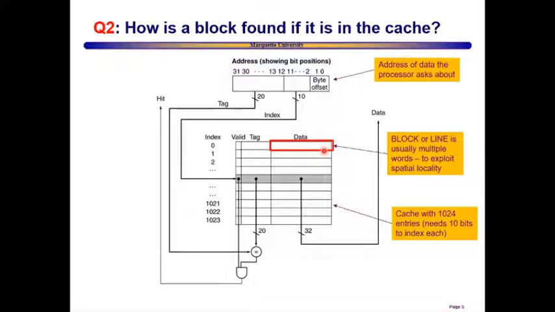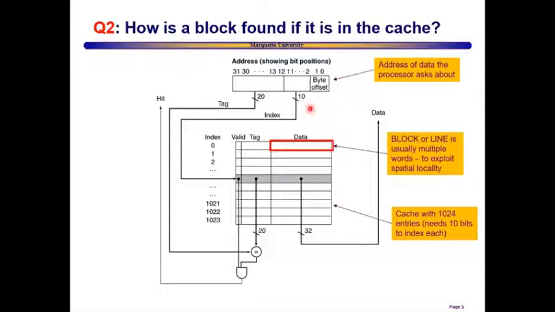But because multiple different addresses from the main memory may map to the same cache entry as we saw, the question is how would one be able to tell whether the data that exists in that cache entry is from one memory address or from another, that both of which would map to the same block or line of the cache.